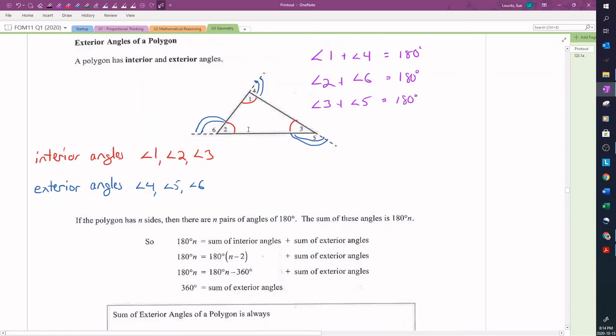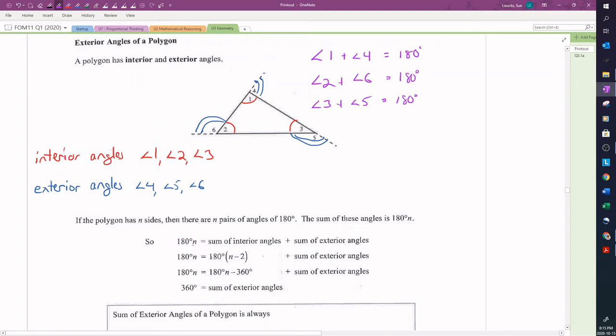If the polygon has n sides, for each side, so this is a side here, there is a pair of interior and exterior angles which add up to 180 degrees. So for an n-sided polygon, there are n of those. So the total of the inside and outside angles is 180 times how many sides do you have?